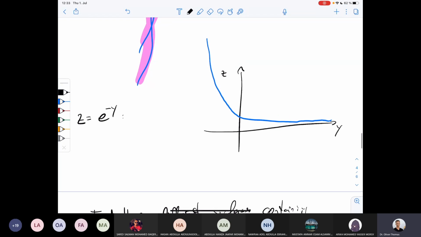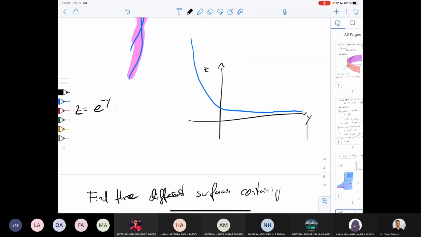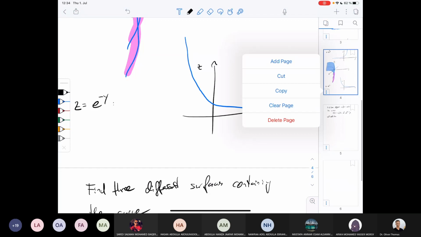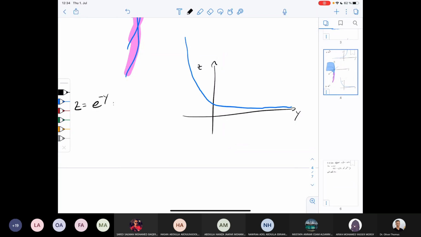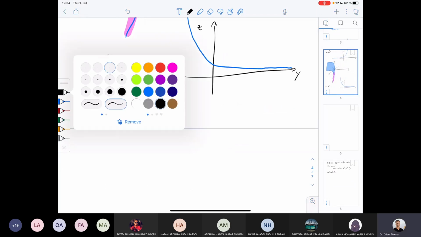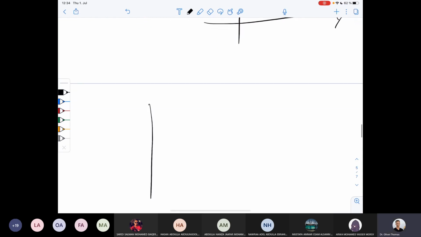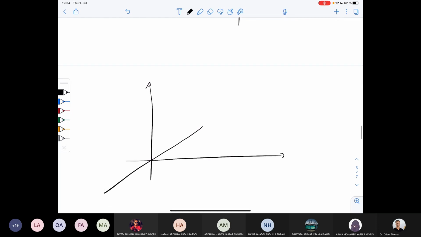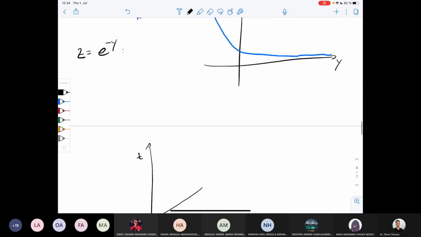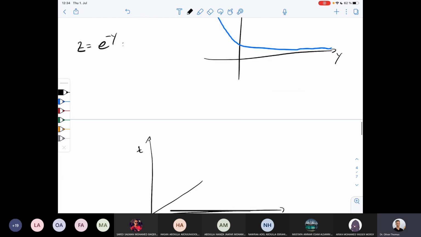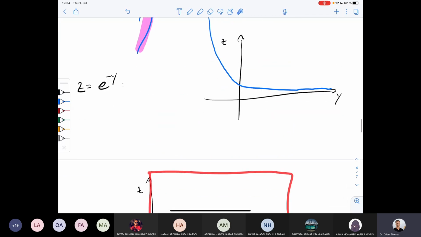And now we need to put it in a 3D coordinate system. In this case, this is very easy because here we see that the coordinate system here, the 2D one, is exactly this coordinate system, so we can just copy this.